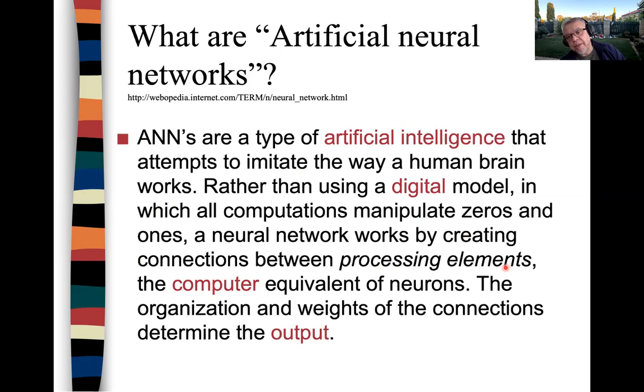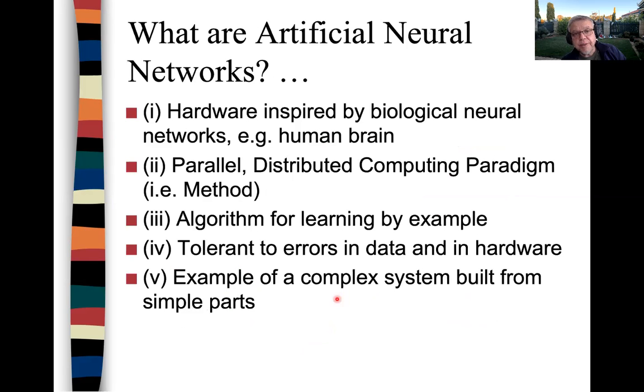As we're going to see, they're called neurons, and the computer equivalent of neurons, artificial neurons, as we call them in artificial intelligence. The organization and weights of the connections determine the output. So your information is stored in the way the connections are made, and also in the weights of these neurons, as we're going to see.